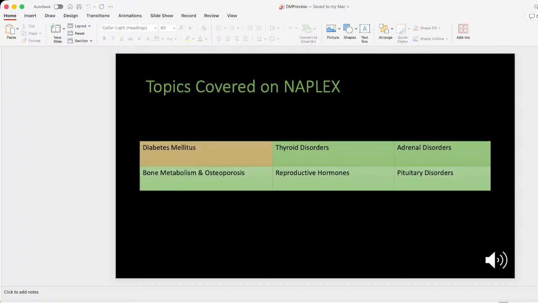Some of these disorders do overlap in terms of the medications. So it's important to know the similar types of meds too that can be used in multiple different diseases. So know that as well. In this case, we're just going to talk about the diabetes medication specifically and the mechanisms.